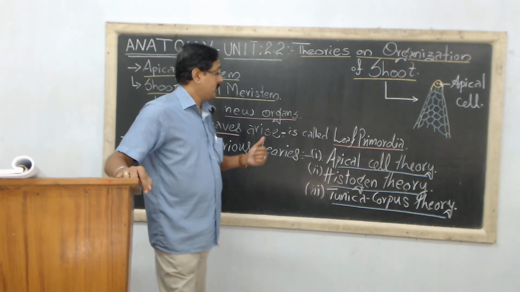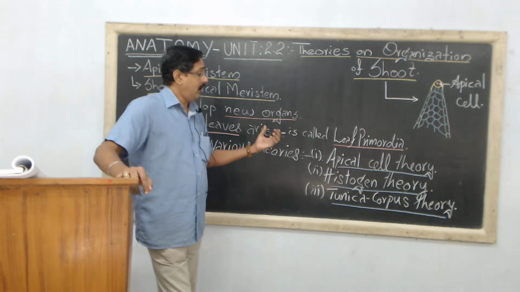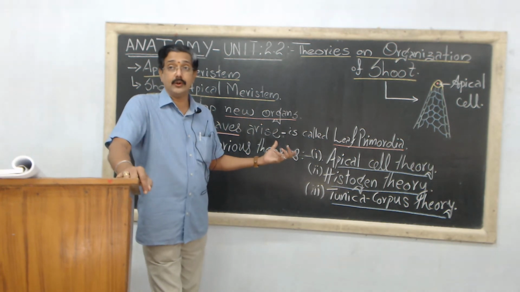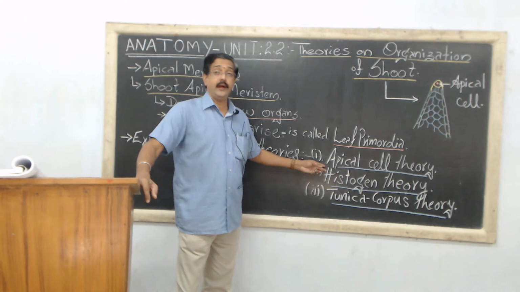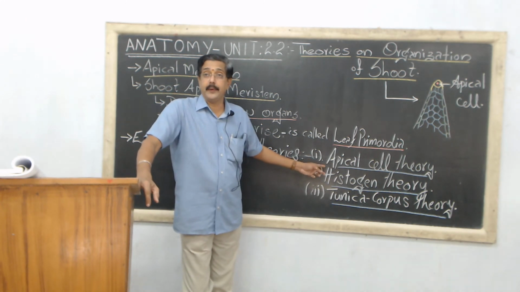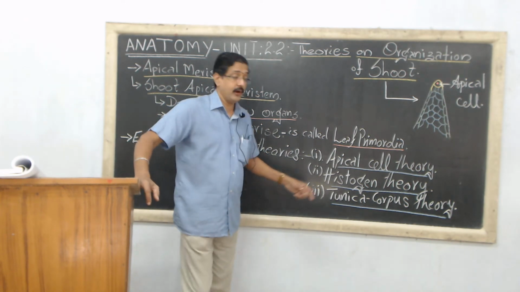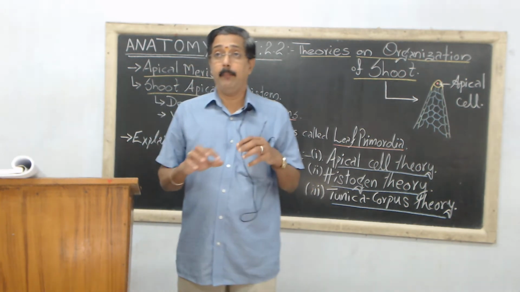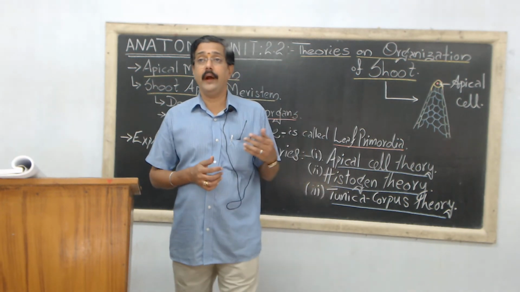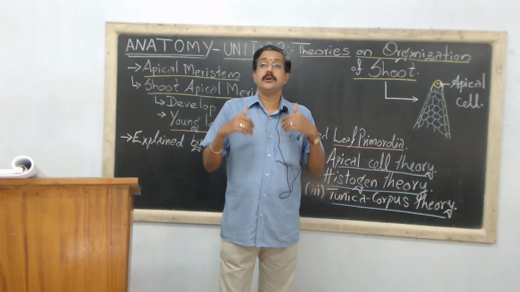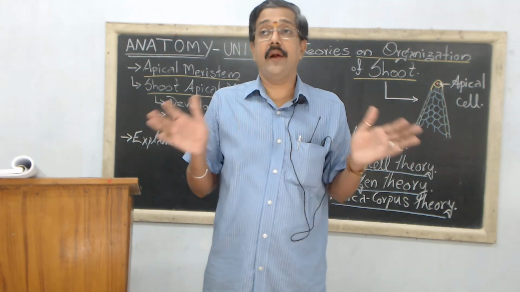Here these theories are also concerned with which areas of tissues or the dermal system are differentiated, either from a single apical cell, corresponding with the histogen theory, and the tunica corpus theory proposed the plane of division, either towards the interior or towards the exterior, or towards the terminal or towards the lateral region.